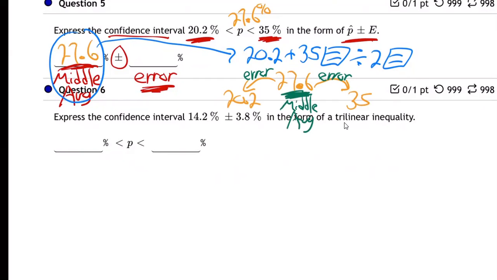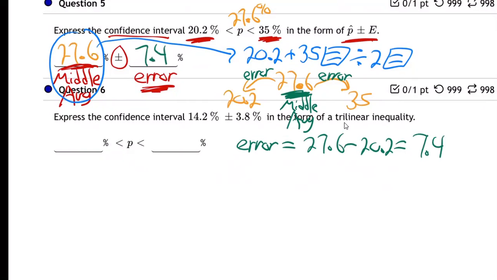So how do we find the error margin? How much is the jump forward or backwards from the middle? Subtract either from the right or the left. Beautiful. The error is going to be the subtraction. Just take 27.6 minus 20.2. You'll get 7.4. 7.4% error margin, because that's the jump from the middle up or down to the edges, right?